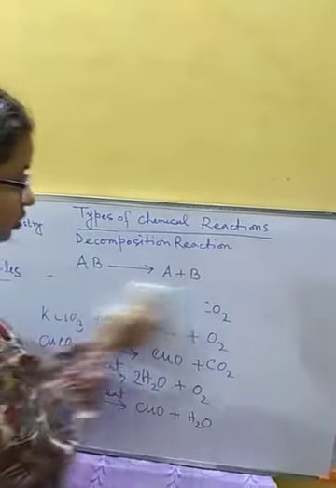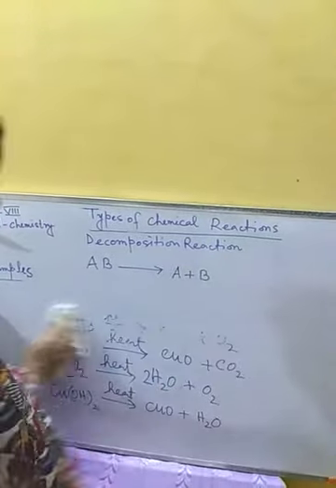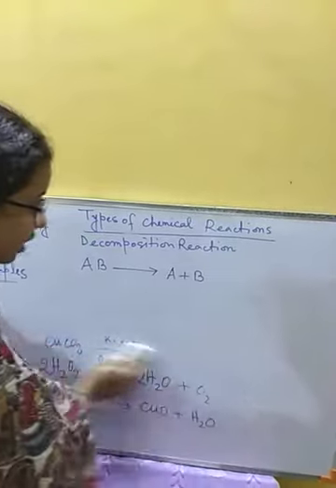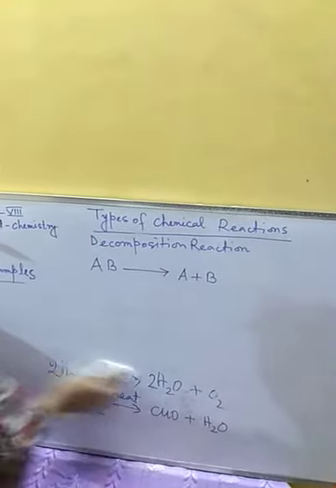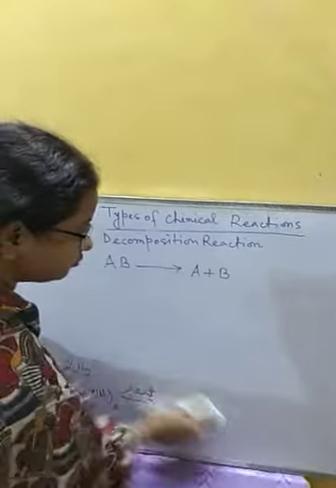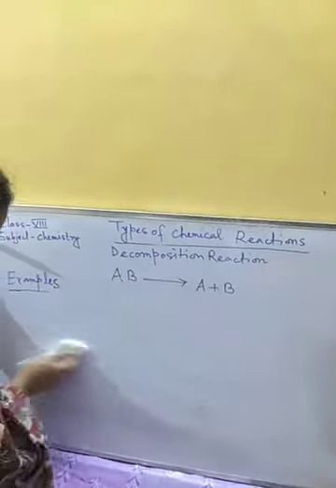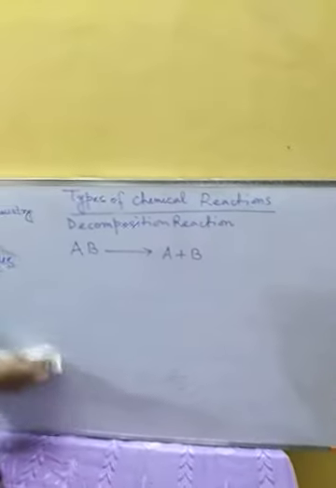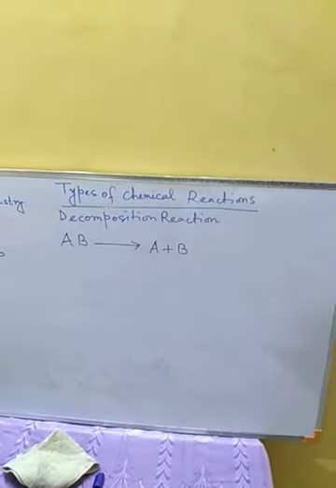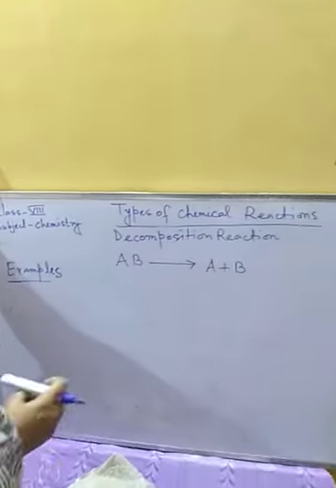Now let us do an experiment. This reaction we have also done in the previous portion, that is the heating of lead nitrate. Here we can see many observations, many changes.